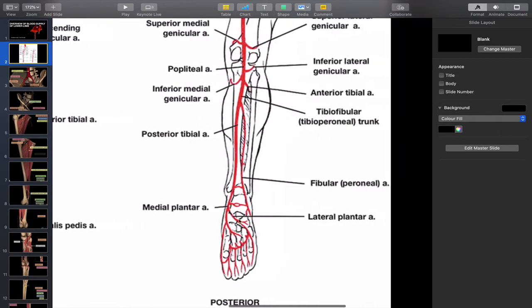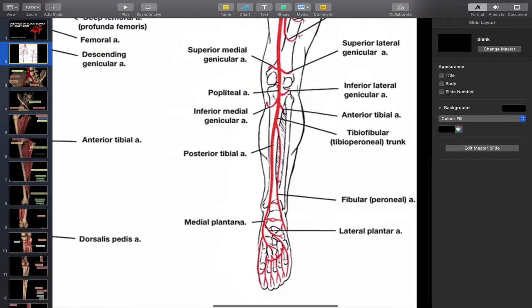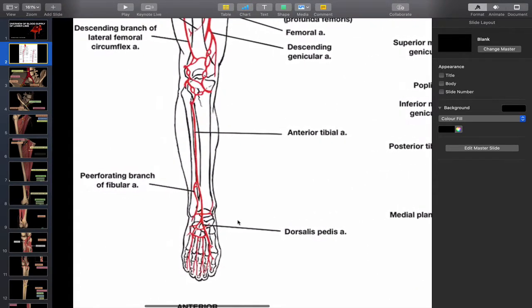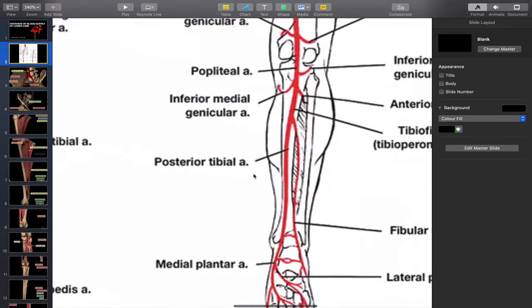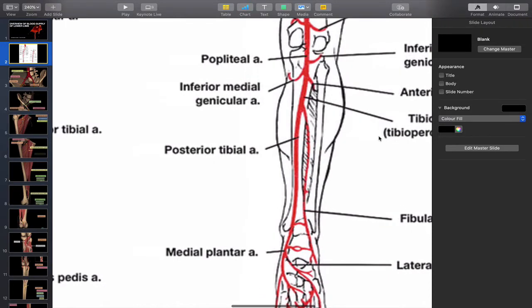So this is the plantar surface, not the palmar surface. Palmar is in the hands. Sorry for my mistake. So over here, as I told you, the anterior tibial artery is the branch of the popliteal artery.